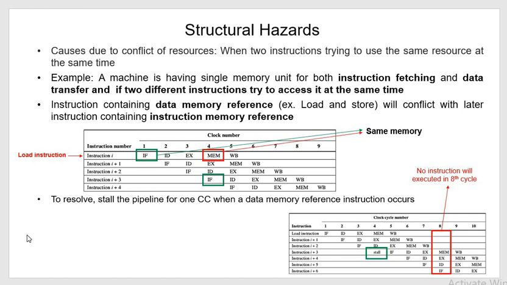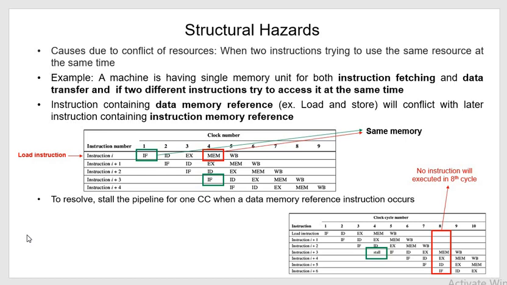So whatever hurdle occurs due to conflict over a shared resource is called a structural hazard. When two instructions try to use the same resource at the same time, the hurdle that occurs is called a structural hazard.